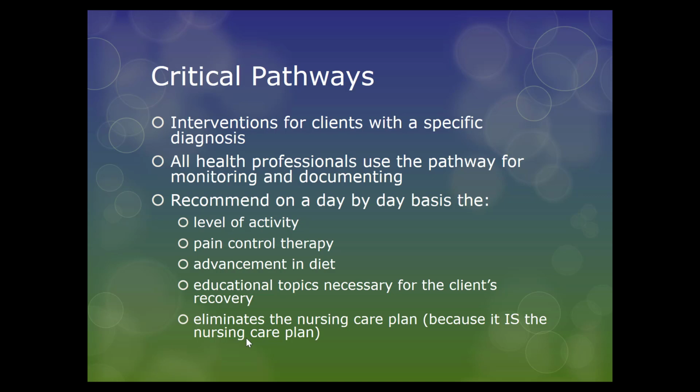But even though that thing says on day 2 or 3, we pull the NG tube and we put them on a clear liquid diet, if this patient is not doing well enough to warrant pulling their NG tube, well, then we will not follow that part of the care map. So you don't blindly follow it. You still assess your patient, but it kind of just gives you an idea of what to expect.